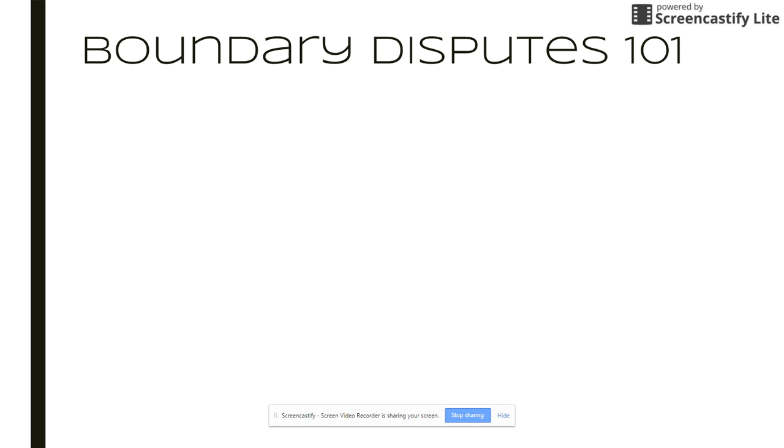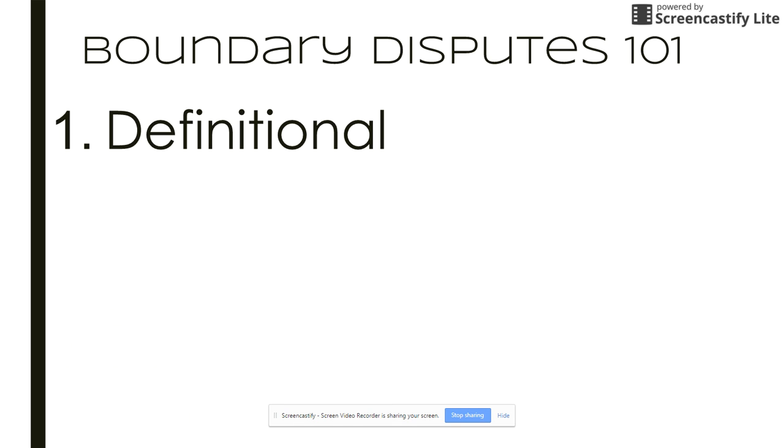Okay, so that is boundaries. Then what about disputes? Because there are always disputes over land and over boundaries. A definitional boundary dispute is one that is disputed because of legal languages. Maybe something in the treaty, the legal doctrine of the treaty itself.